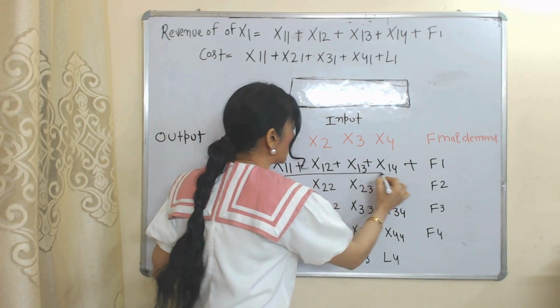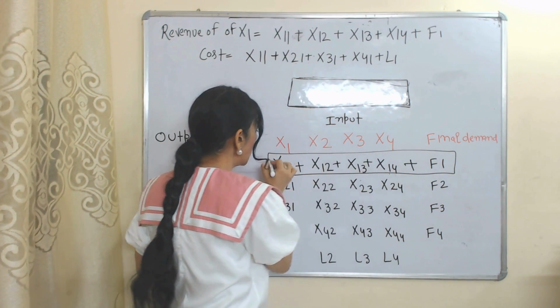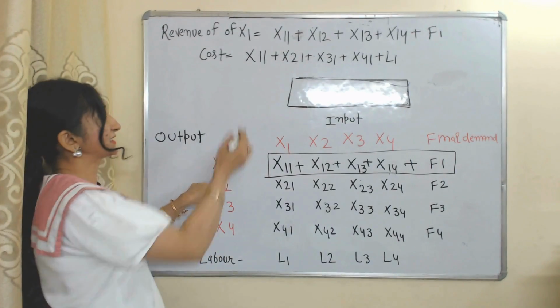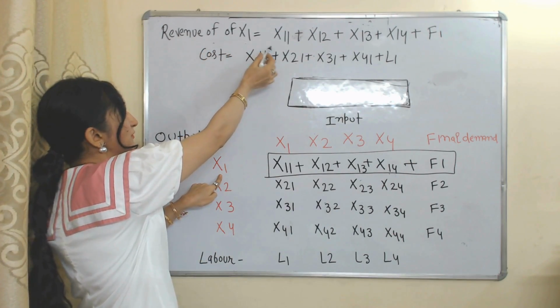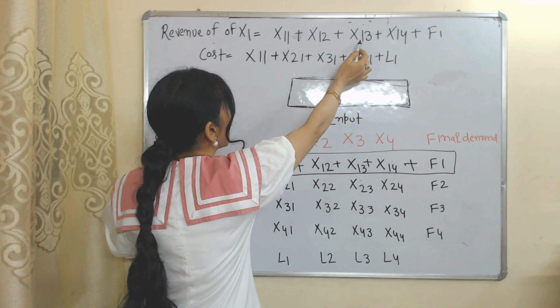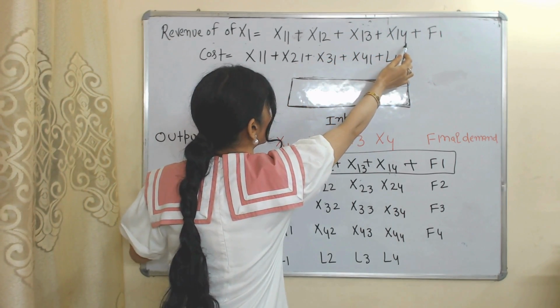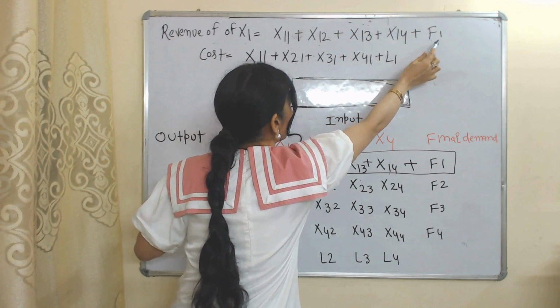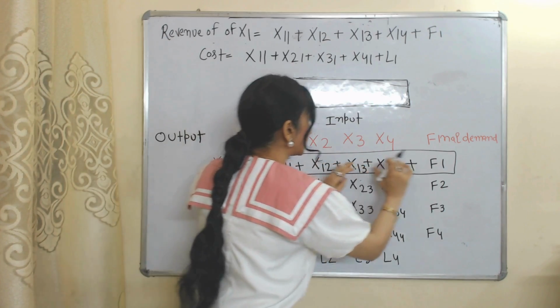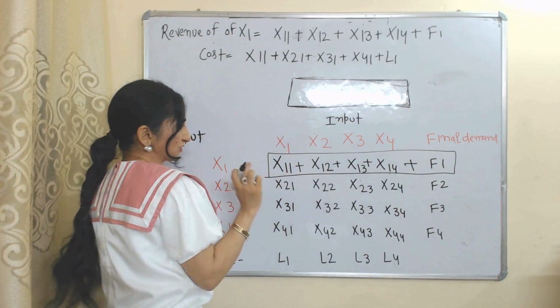When we add all these variables, it will become equal to the total income of the first industry. So here you can see the revenue of the first industry is equal to X11 plus X12, X13 plus X14 plus F1 final demand. So this row represents the total income of the X1 industry.